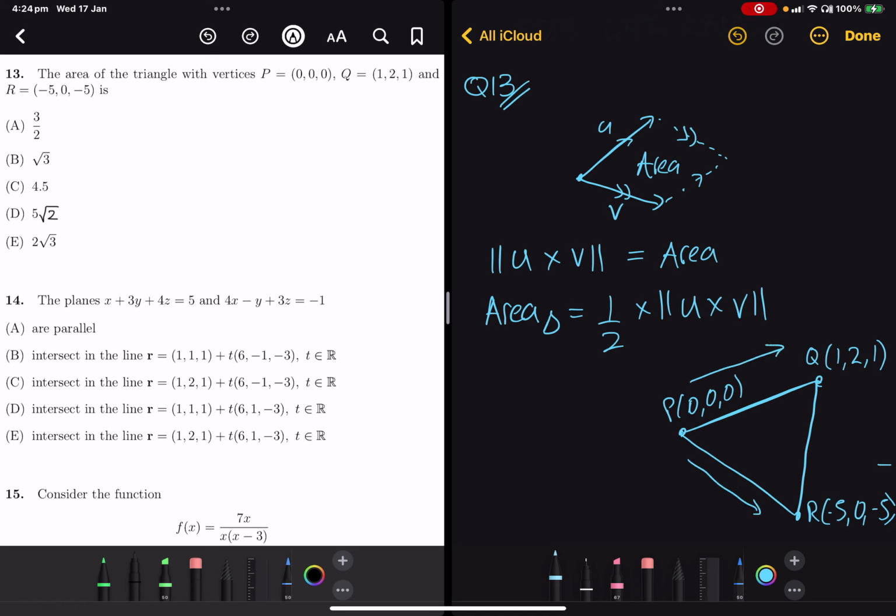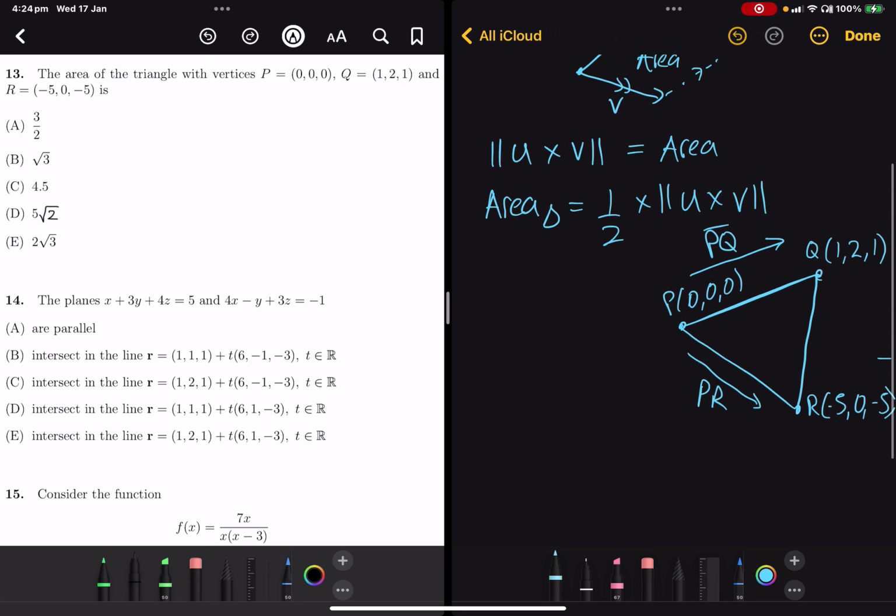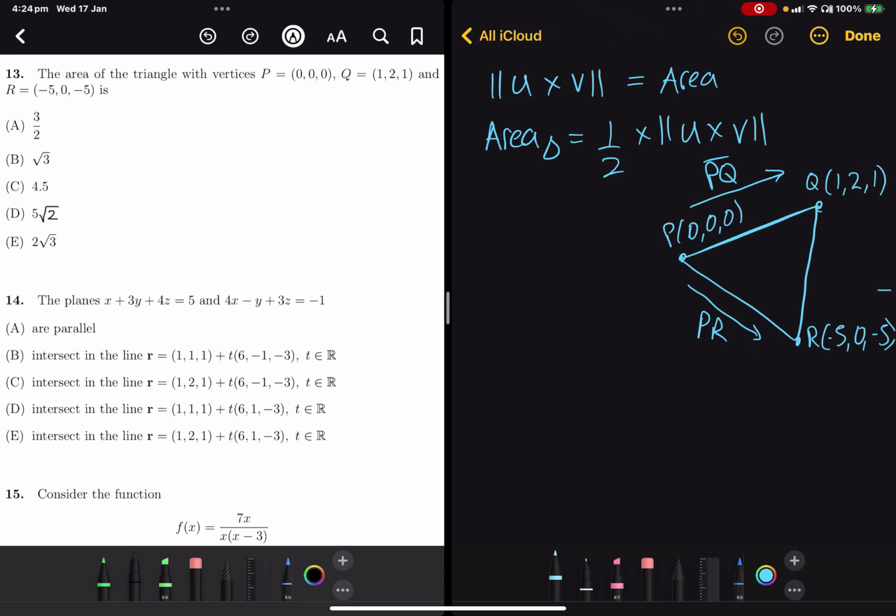The reason these are obvious vectors is the vector from P to Q, which we'll call PQ, and the vector from P to R, which we'll call PR, are the same as Q and R, because P is the origin. So we don't have to do any vector addition or subtraction in order to find PQ and PR.